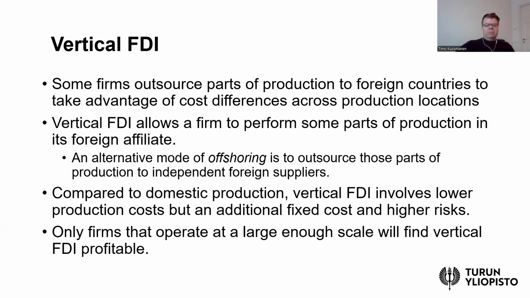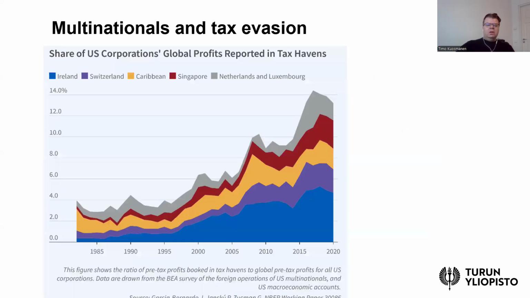For the large corporations, based on this slide, it might seem that FDI is not necessarily so profitable, but of course, one important motivation for multinationals is tax planning or outright tax evasion.